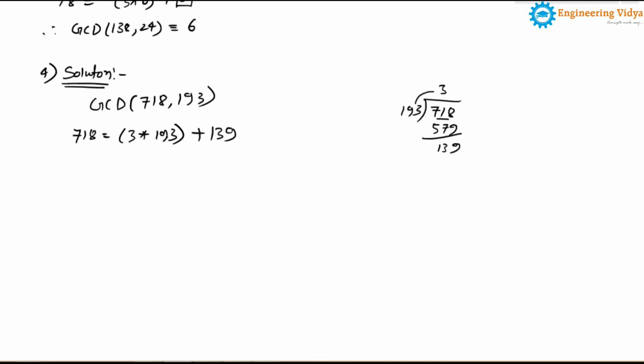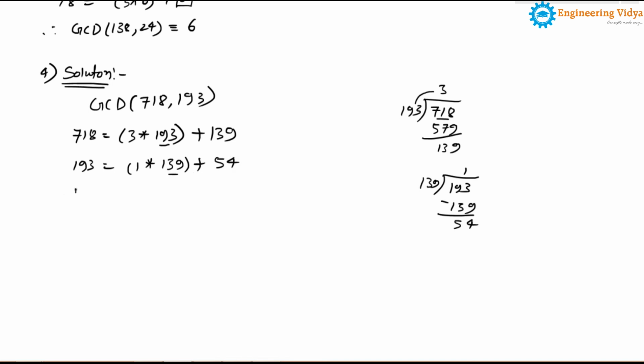I hope this part is clear to you now. And here we have 193, so again I will write 193. Again 193 will be divided by 139. It will go 1 time only, and 139 will come, and after doing the subtraction 54 will come. Hence we can write 193 is equal to 1 into 139 plus 54.